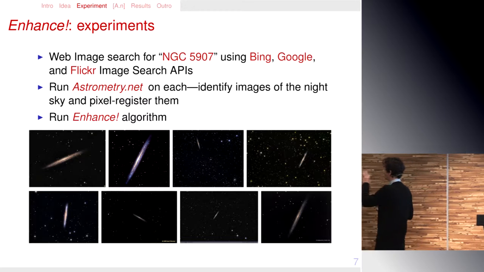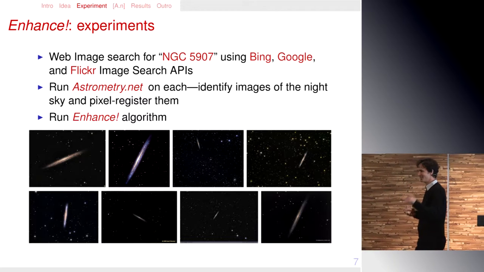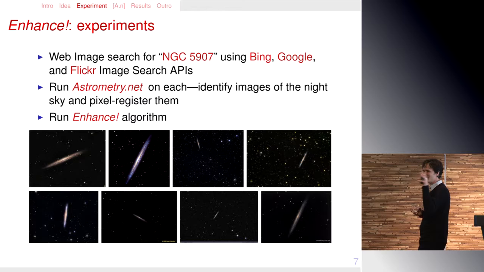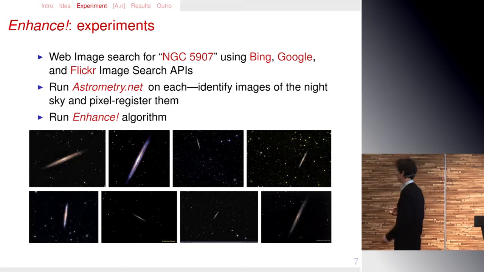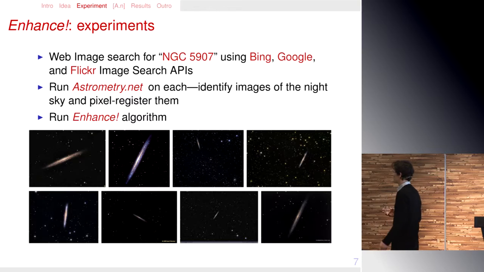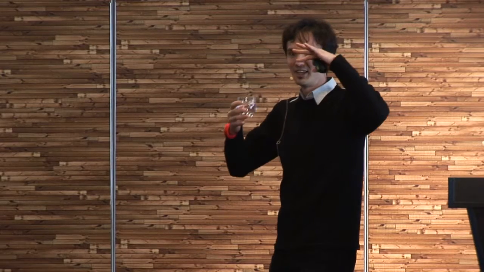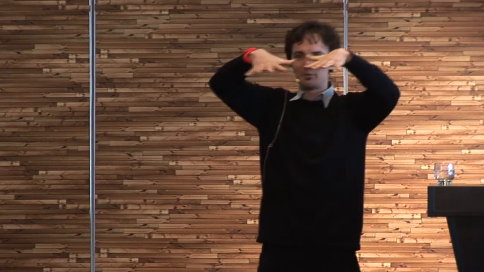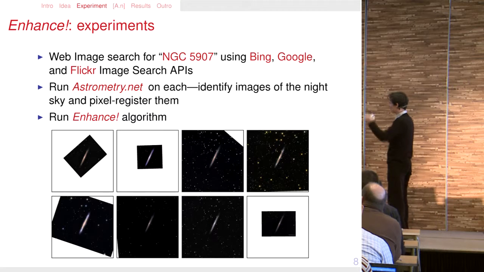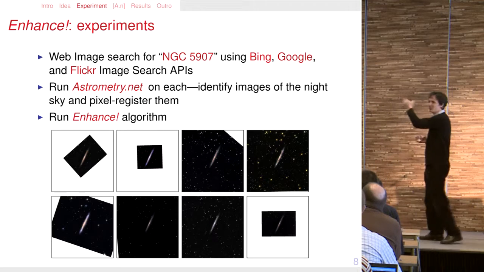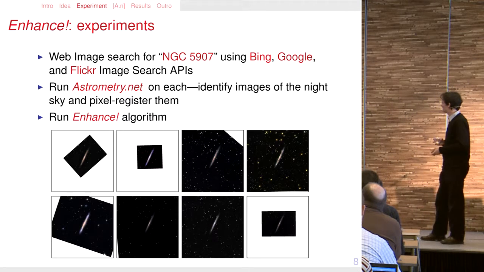So anyway, after running astrometry.net, we can identify images that overlap the area of interest. You can see they're all kind of pictures of this. This is an edge-on spiral galaxy, so we're looking at a flat spiral galaxy from the side. And then after pixel registering them, they're all in the same orientation.